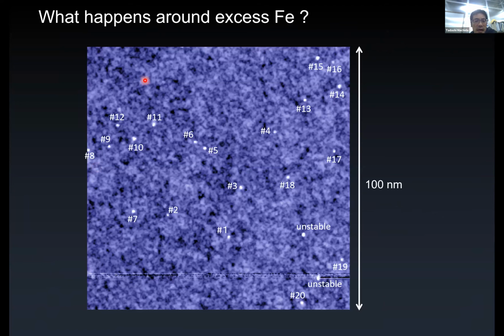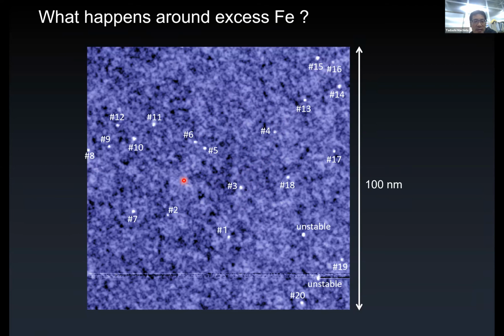Okay, so this is a typical STM topographic image taken on the cleaved surface of one of the selenium-doped iron telluride single crystals. Sometimes we encounter such a surface containing several excess iron impurities, as shown by these bright dots.